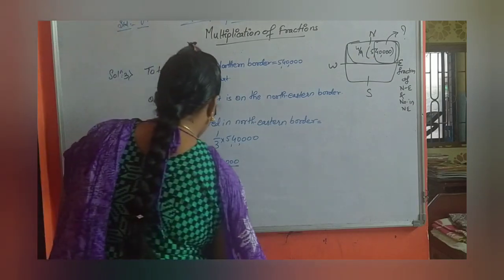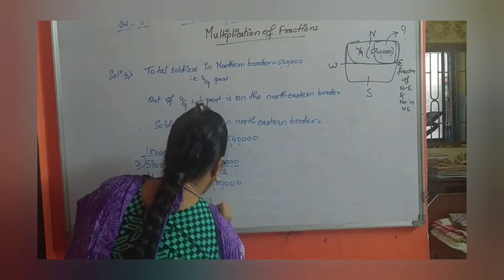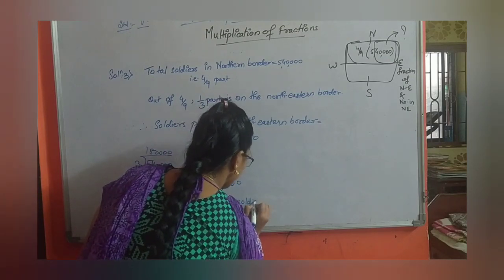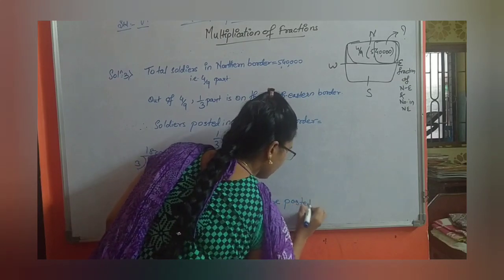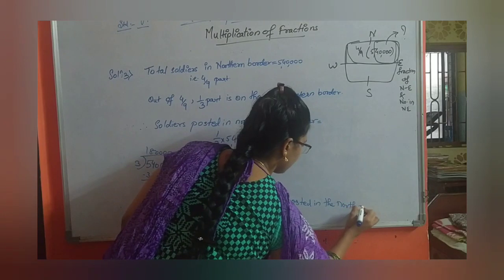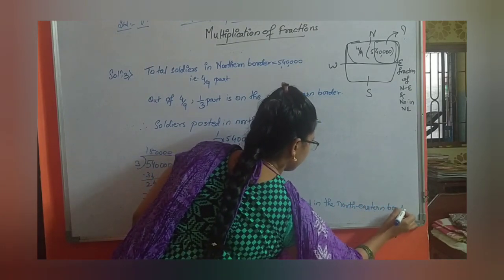So the answer is 1,80,000. Therefore 1,80,000 soldiers are posted in the northeastern border.